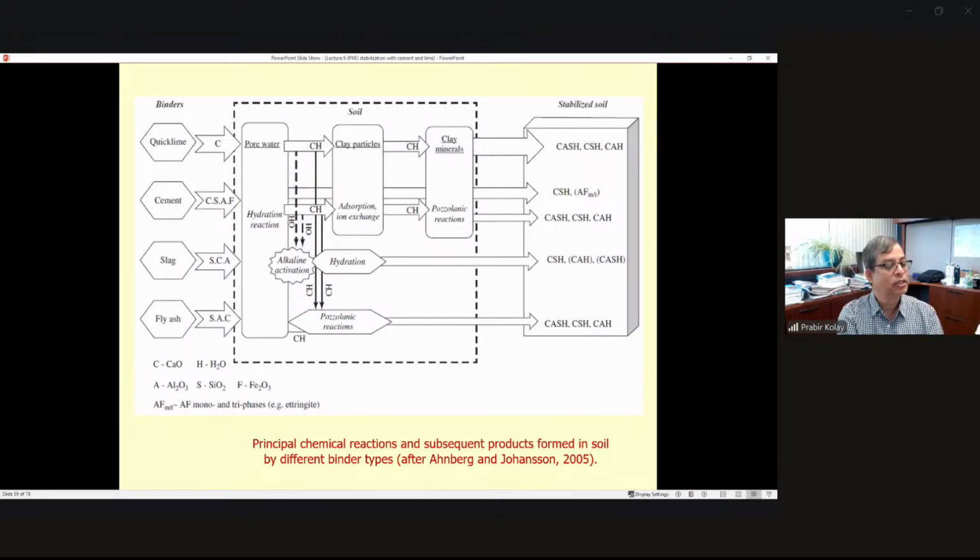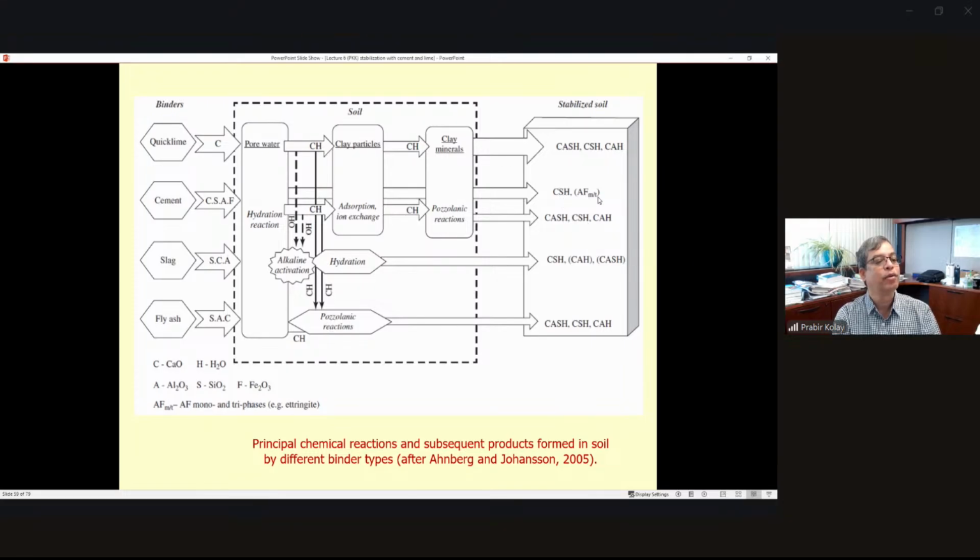This is another guideline, Anberg and Justin. You see the binder: quicklime, cement, lime, or slag. Ultimately, different reactions take place: hydration reactions, alkali activation, pozzolanic reactions, and ultimately it forms calcium aluminate silicate hydrate, calcium silicate hydrate, or calcium aluminate hydrate.